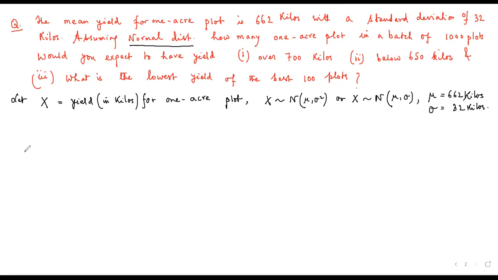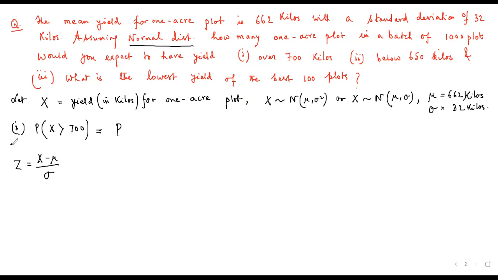Okay. What we need to find is the following. Number one, what is the probability that the yield is greater than 700 kilos. So we need to find the probability that X is greater than 700. To calculate the probability, we need to transform the random variable capital X to the standard normal random variable capital Z, applying the transformation law that we have discussed.